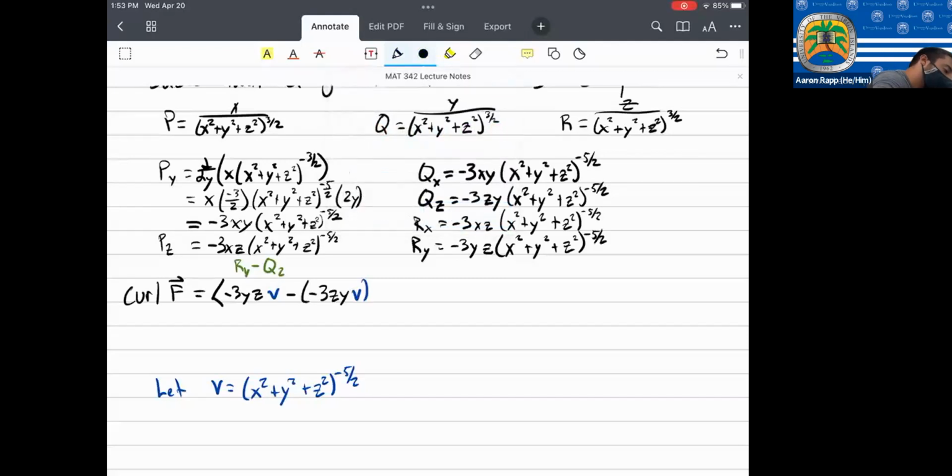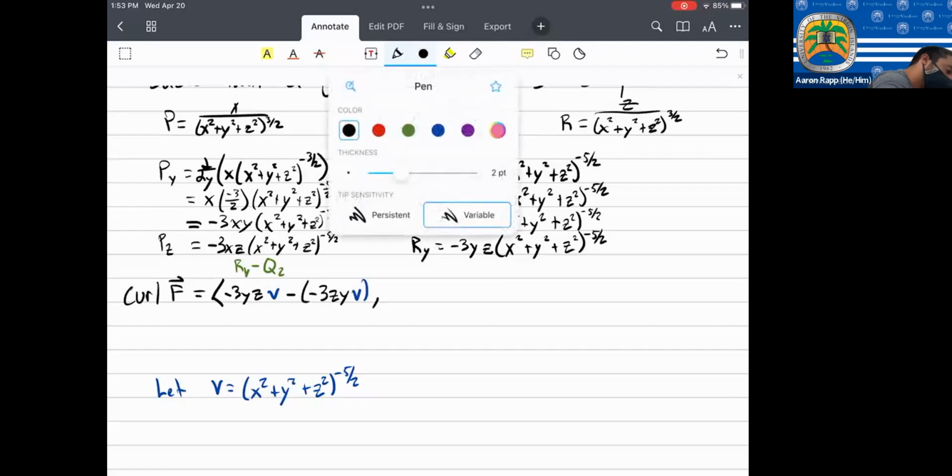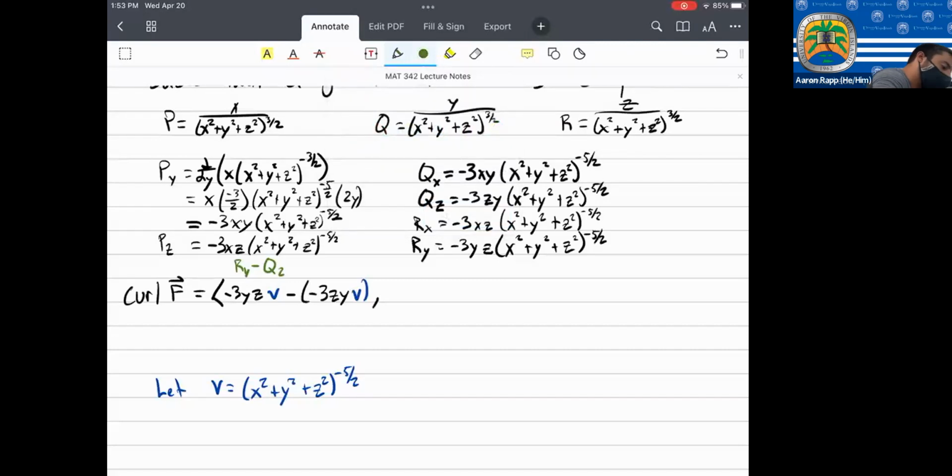And I do this for all my other components. So if I'm in the Y component, I'm going to take Z and X. I'm going to compare them. I'm going to take the X component and subtract the Z component, which means I mixed up the partials.